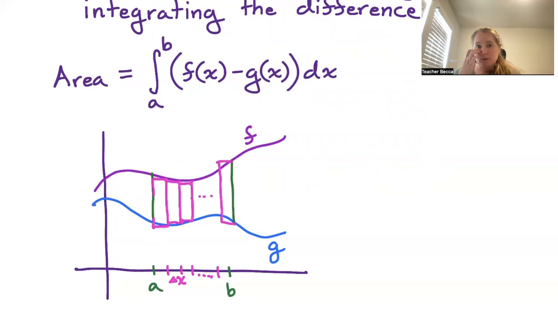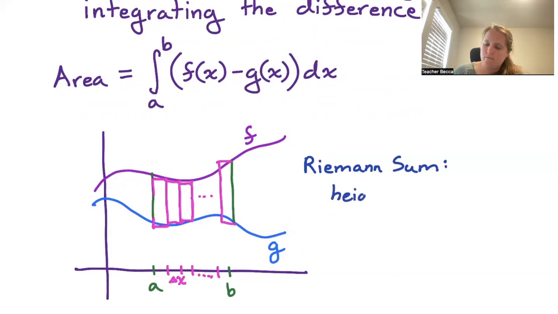Okay. So to do this, we would do our Riemann sum. We would be looking at the height, which essentially would be f of xi minus g of xi.